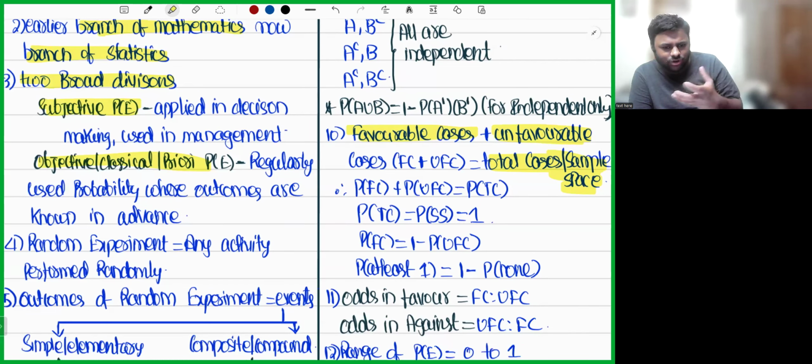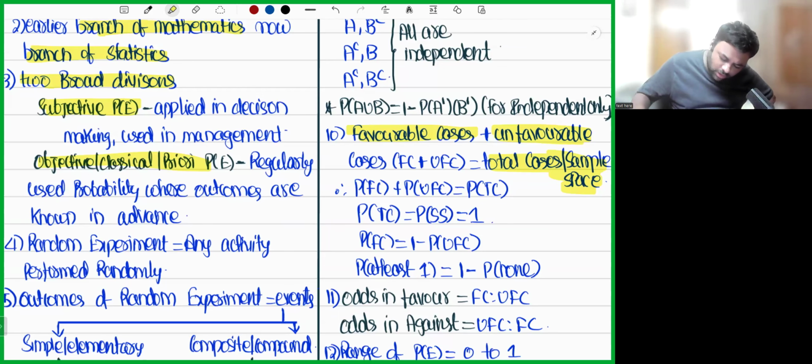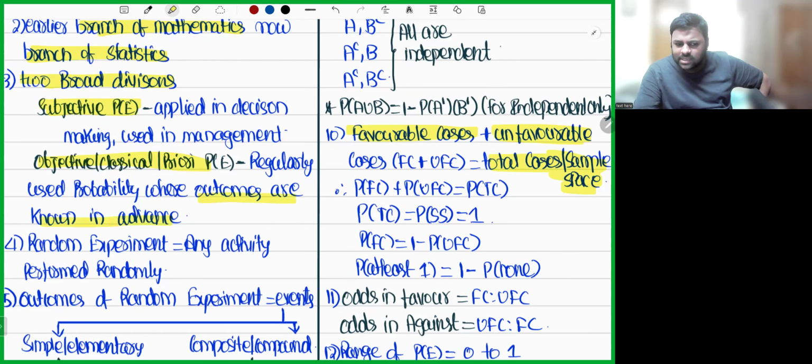Some probability which you regularly use, that, till now what probability we have seen, that's objective or classical or a priori probability. Here, my dear friends, outcomes are known in advance. When you toss a coin, do you know what the outcomes are? Yes, it can be either head or tail, that's it. But it won't fall in the middle. When you're tossing 2 coins, even there you know what the outcomes are.